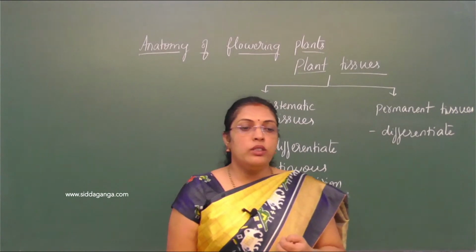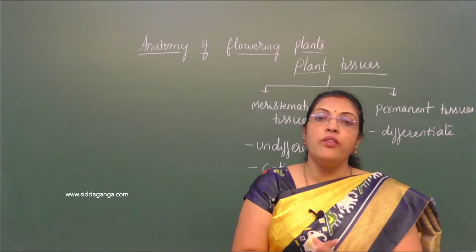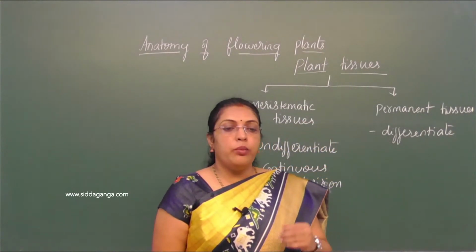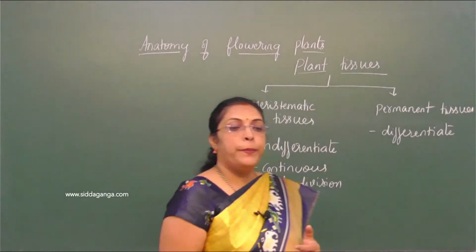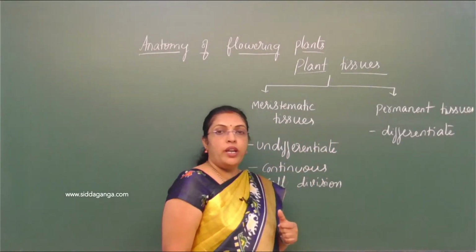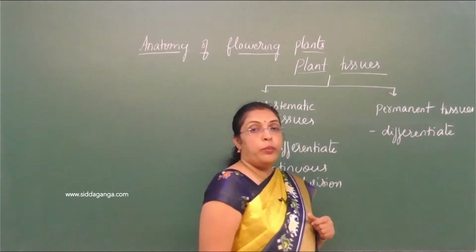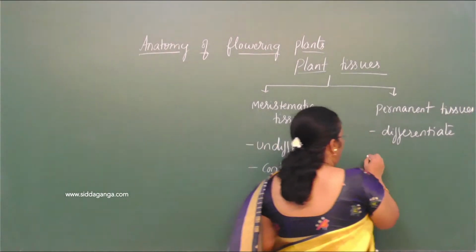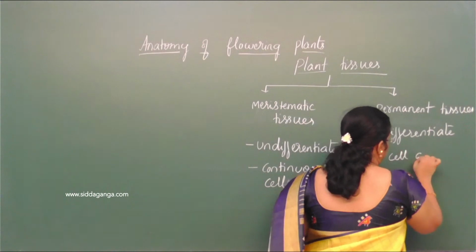Tissues are groups of similar cells, groups of similar functional cells. Yes, how many types of permanent tissues are seen in plants? So permanent tissues are differentiated. The main difference between meristematic and permanent tissues is that cell division is absent.